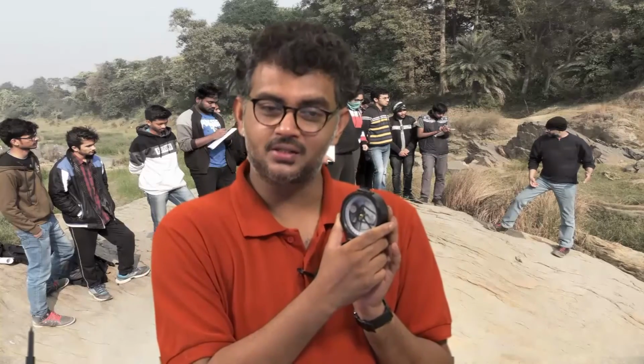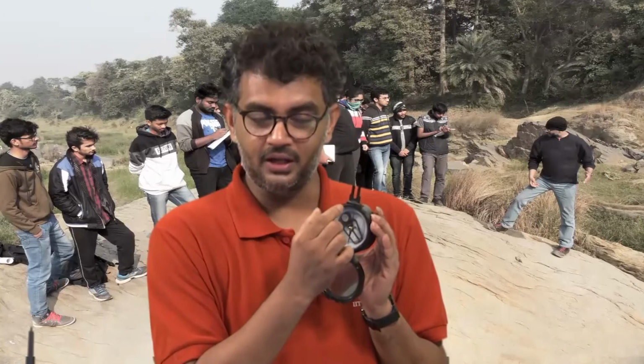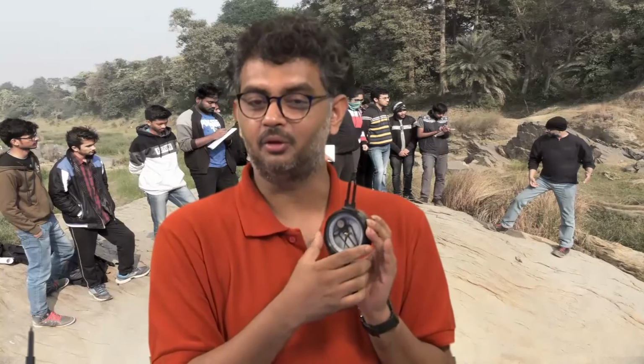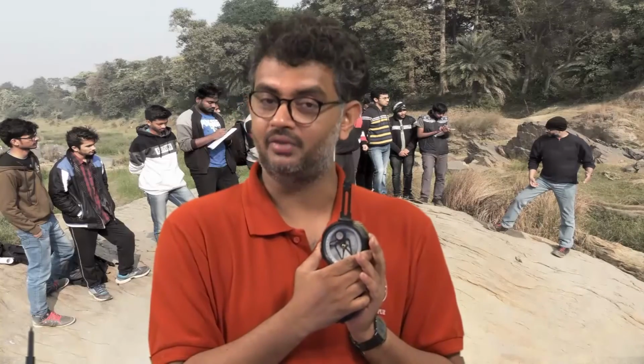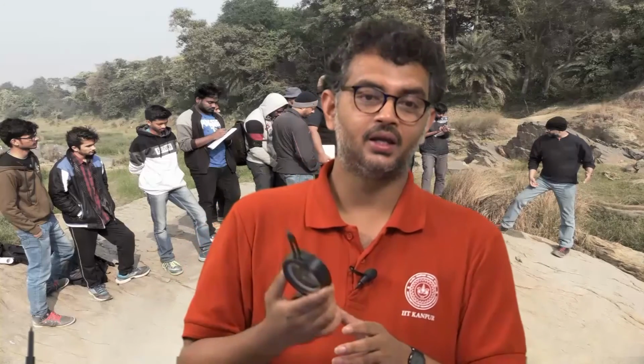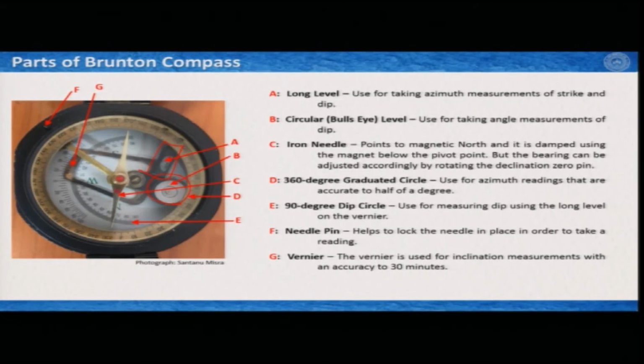So, you have to rotate it in such a way that this long level's bubble stays at the middle, and that makes sure that your compass is held in a vertical manner. So, holding it horizontal or vertical gives you the measurements along horizontal planes and along vertical planes respectively.